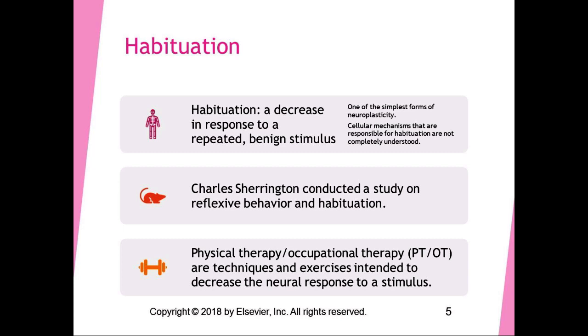We might be doing light touch or using something like a washcloth or a rough surface to stimulate the area to decrease the neural response, because we're trying to get the person used to being touched, or just the sensation of clothes touching your body sometimes is irritating in a newly injured area because of that heightened neural response, and we're trying to decrease response to the stimulus.